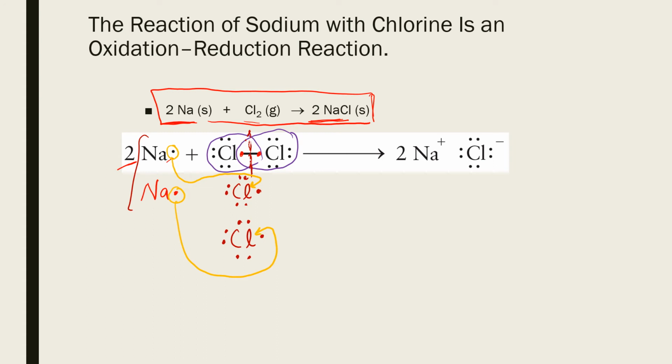So after donation, what will happen is that sodium will lose the electron. So I can't erase this one. Okay, so sodium will lose these electrons, and these electrons will be transferred to, let me use a different color, and chlorine atoms will gain those electrons.